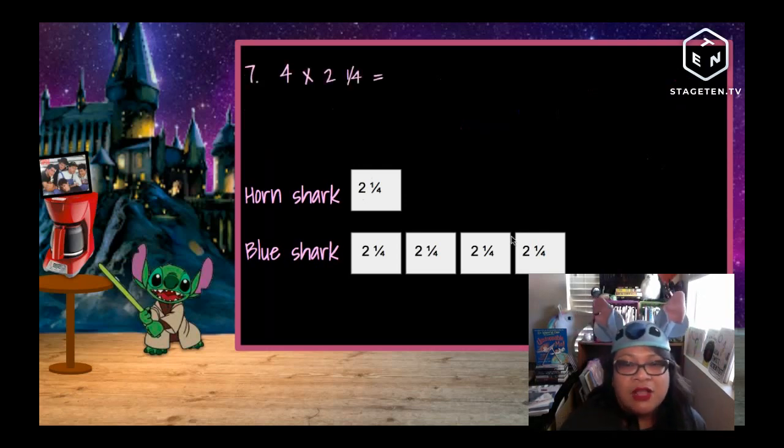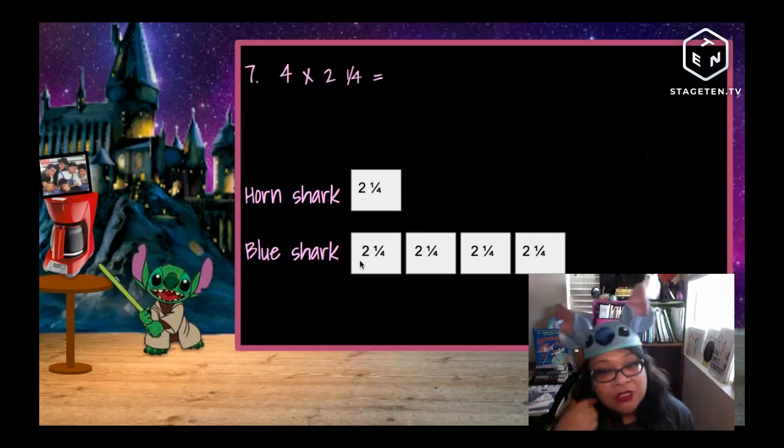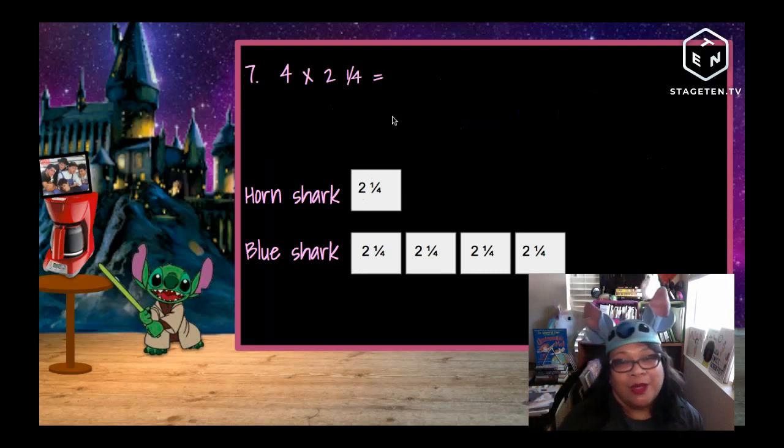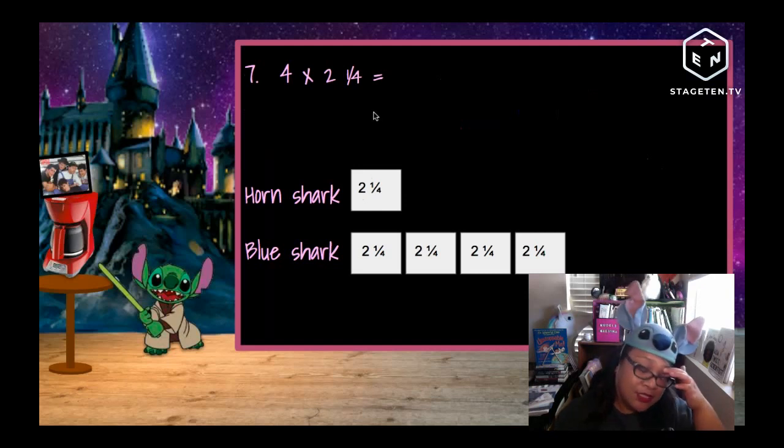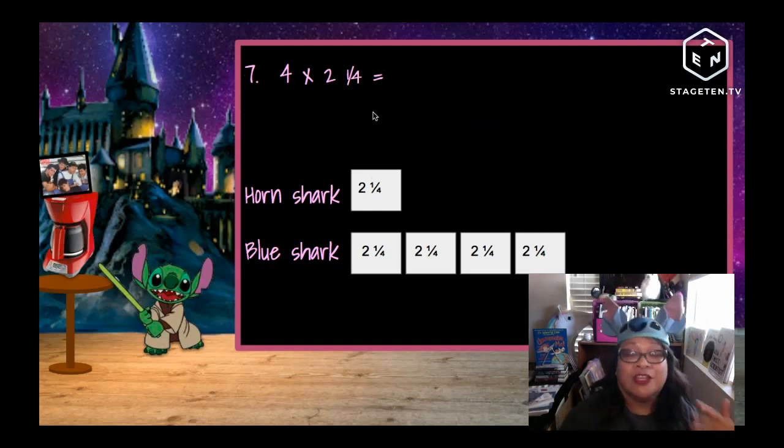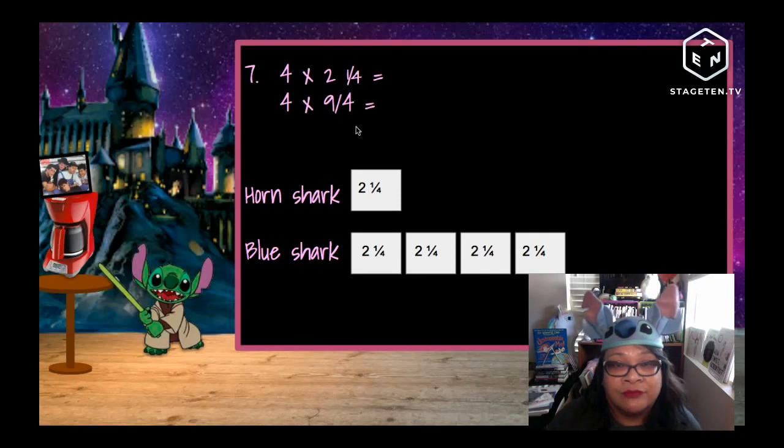So to solve that, we can do repeated addition, and that will take a long time. I mean, it's up to you. If you get the same answer, you get the same. But you can also practice just multiplying. So we have to rename 2 1/4. Like I said before, you're not changing the value of 2 1/4. That's fine. So you multiply 2 and 4 right here, and then you add 1.